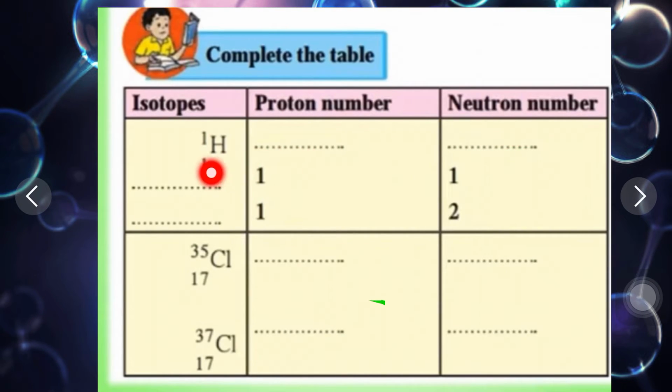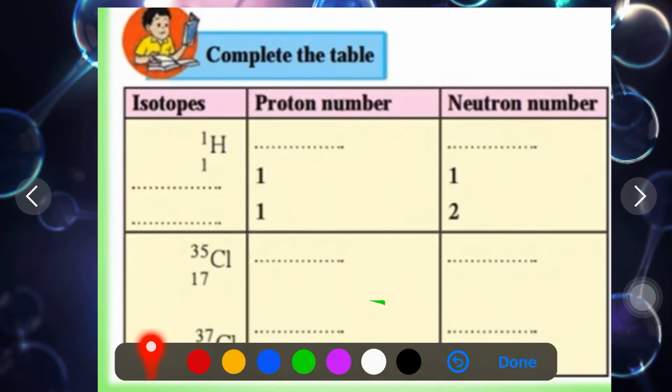In the isotopes column you can see H with 1 inside and above is also 1. Students, the inside number is the atomic number and the above is the mass number.